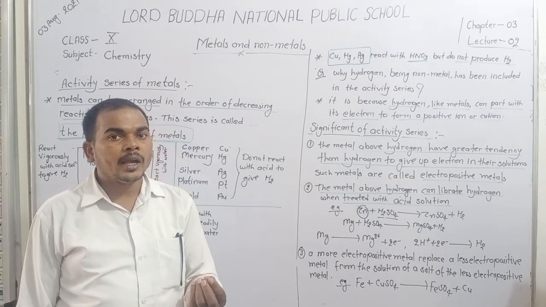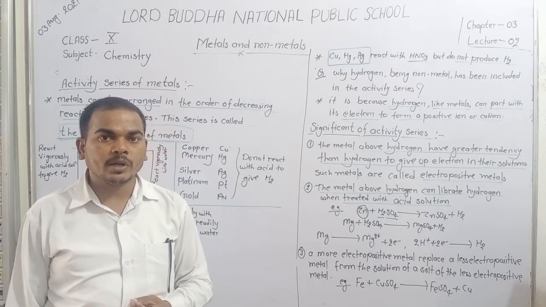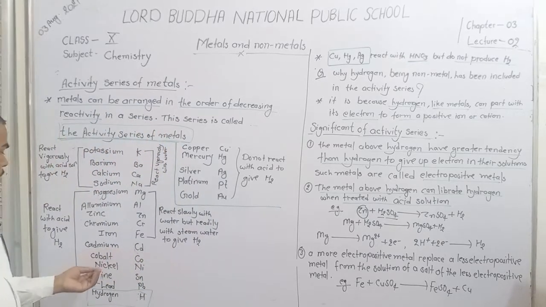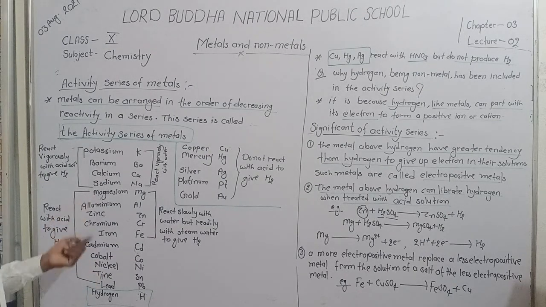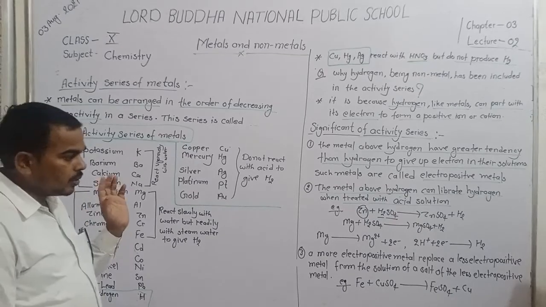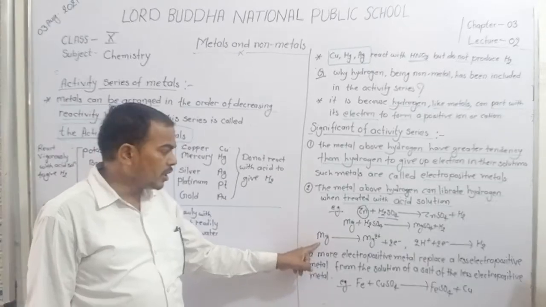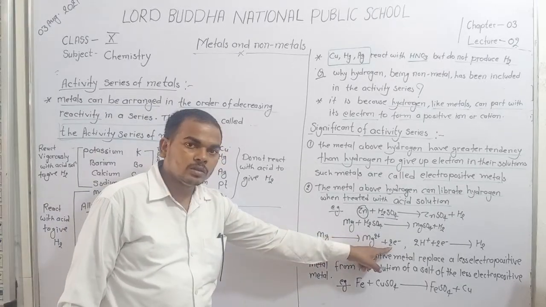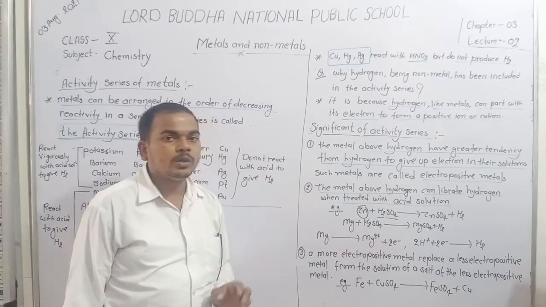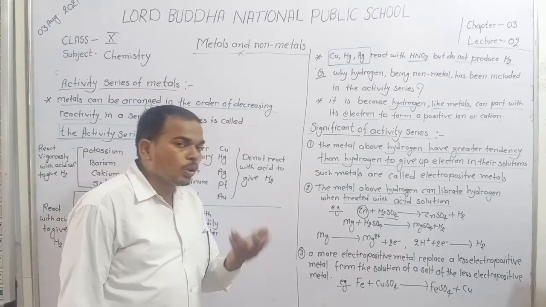It means magnesium loses its electrons, here 2 electrons, and acquires 2 positive charge.